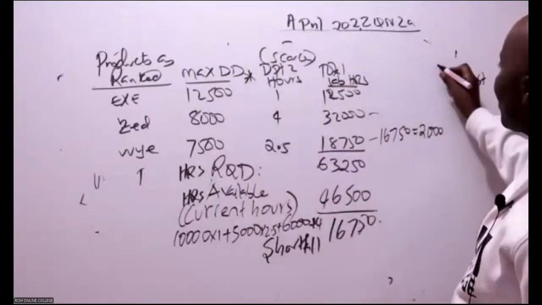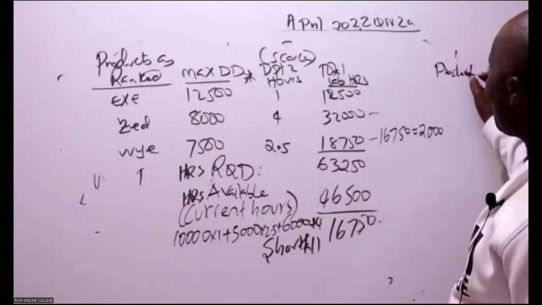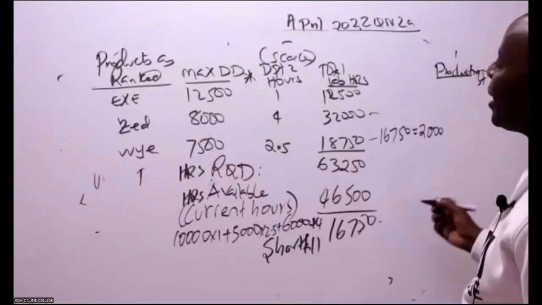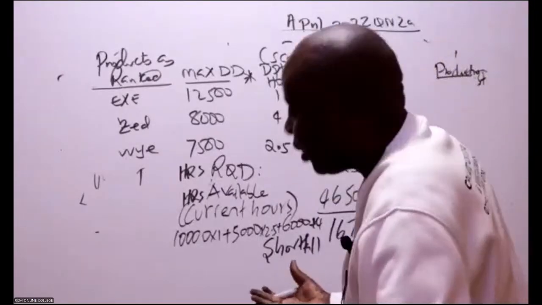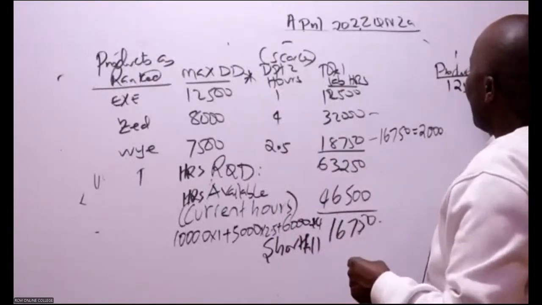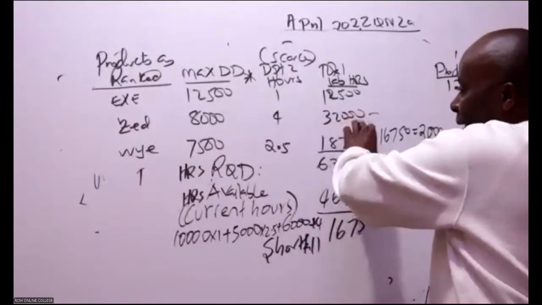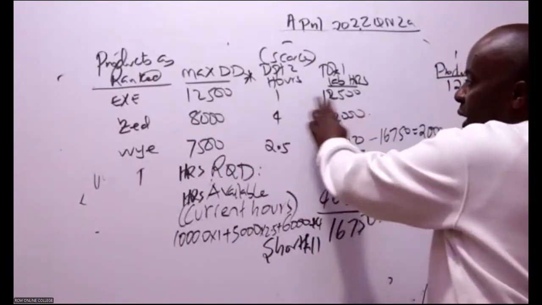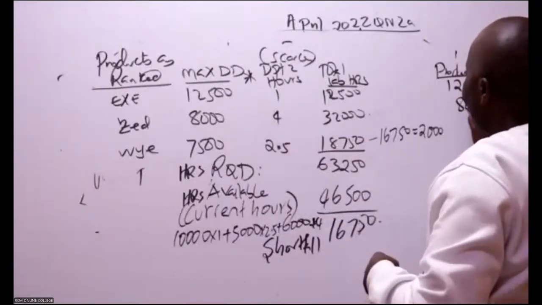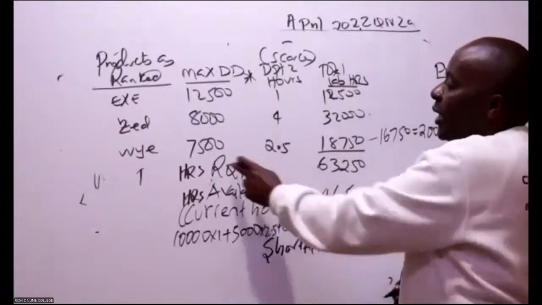So for X, maximum production, I'm not going to reduce anything of X. So for X, I'll produce 12,500. While for Z, again, I'm not deducting anything here, so I'll produce everything, 8,000. But now here, I can't produce 7,500.